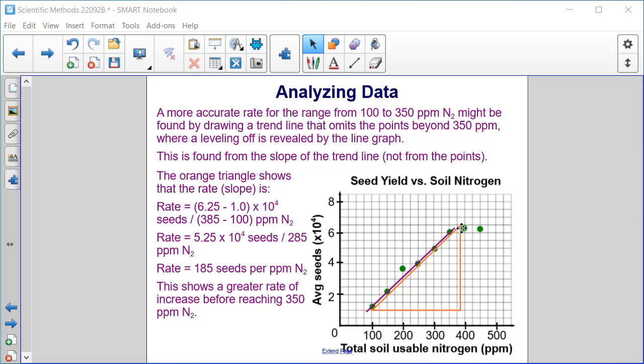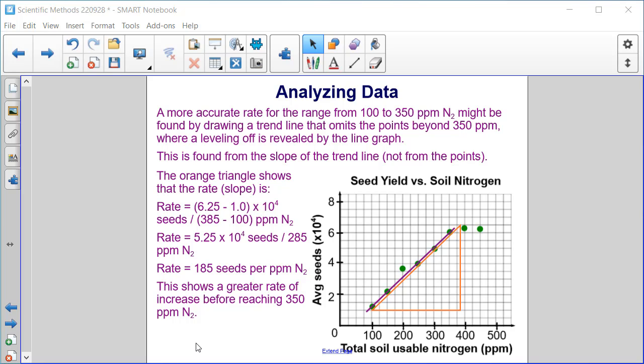So my y up here is 6.25 times 10 to the positive fourth. And my y here is 1.0 times 10 to the fourth. So the change there is 5.25 times 10 to the fourth seeds. And my change in x is from 385 parts per million to 100 parts per million, or a change of 285 parts per million of nitrogen.